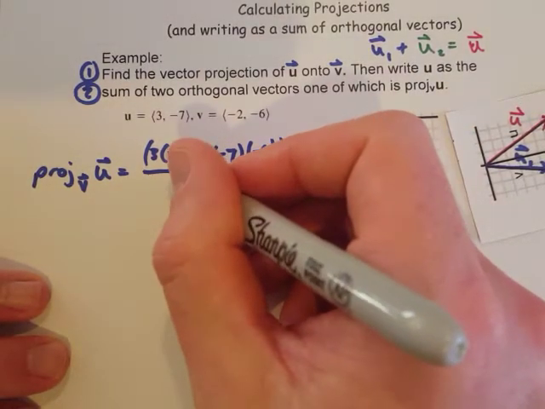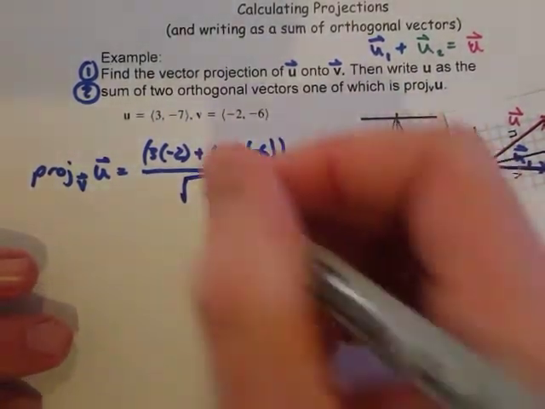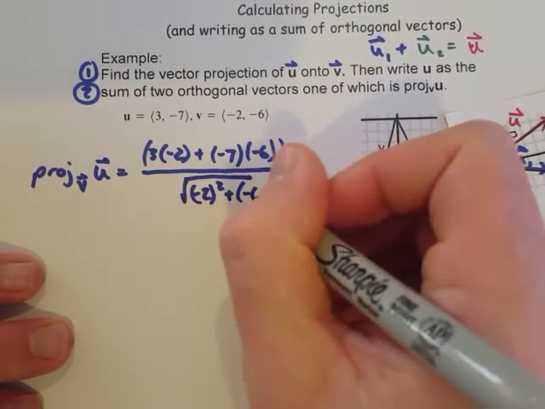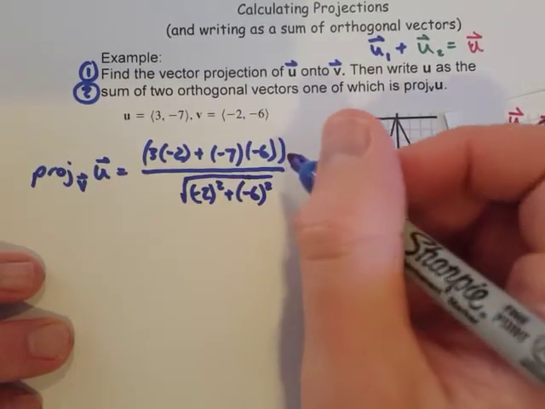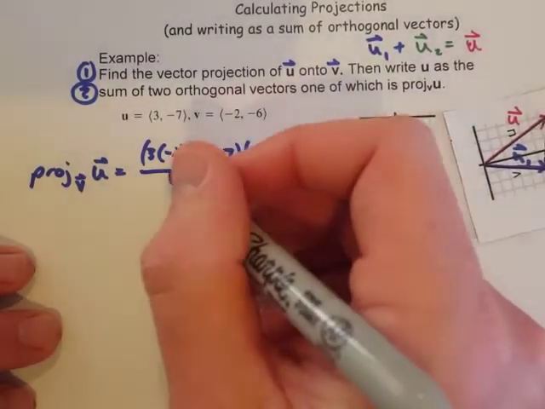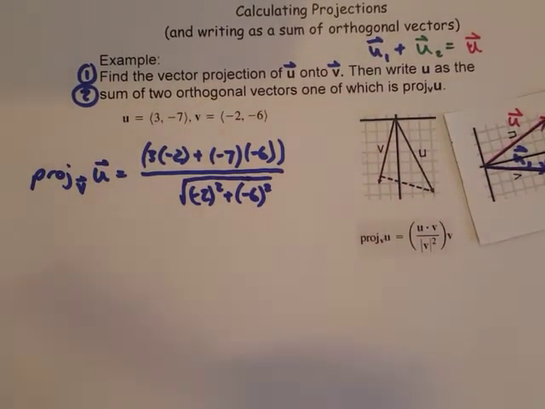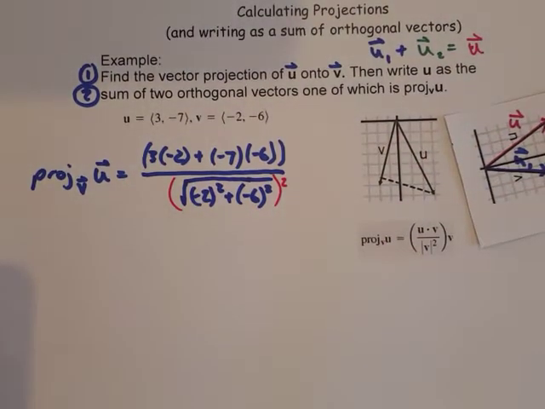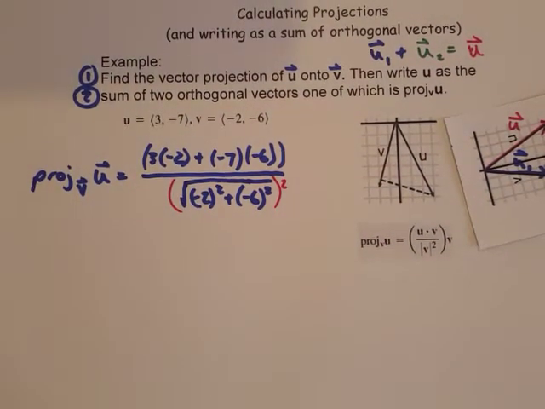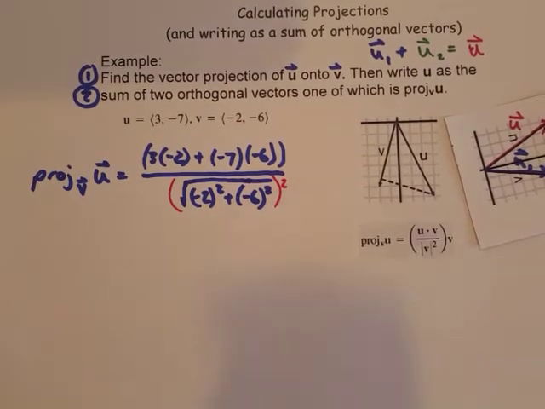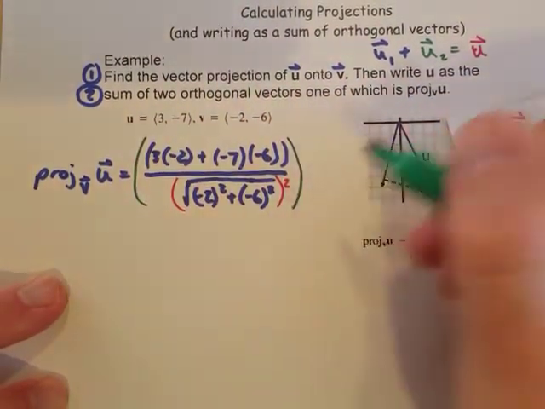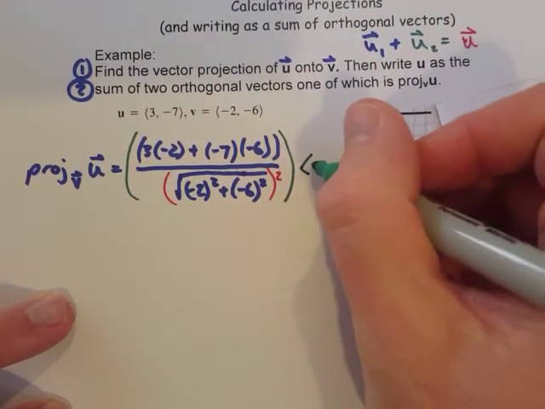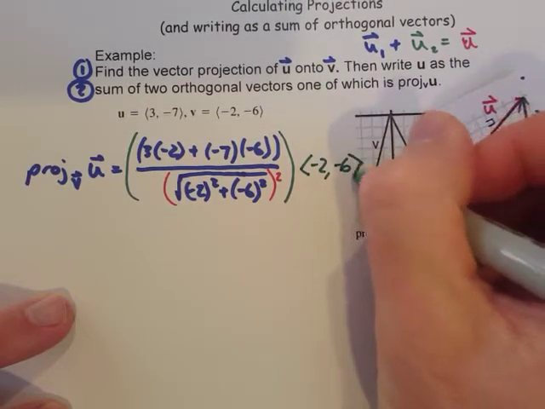Now if you remember from the last couple of days, we did the magnitude formula, and so that is negative 2 squared plus negative 6 squared, square root of that, but then we're also going to square the magnitude, so it really is just going to undo the square. And then all of this is going to be multiplied by the vector v, which in this case is negative 2, negative 6.